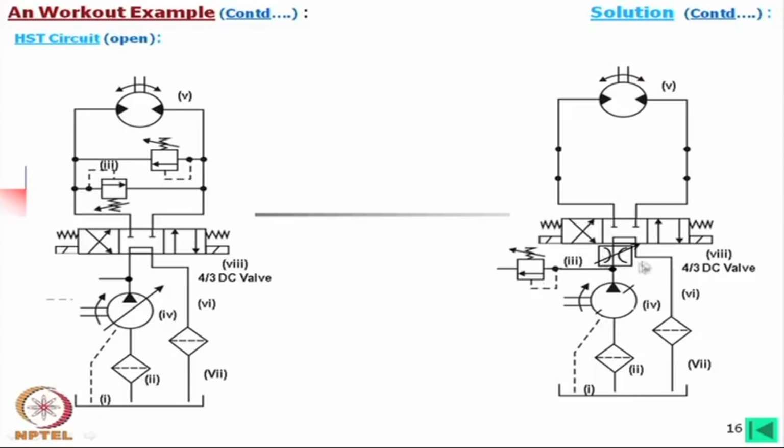If you use this flow control valve, your excess flow will always go through this relief valve by blowing this relief valve. That means, from the pump to this point the pressure will always be 15 megapascal. In that case, the loss will be more, but the advantage is that this oil is always ready with the pressure. So, the performance of this part will be better.